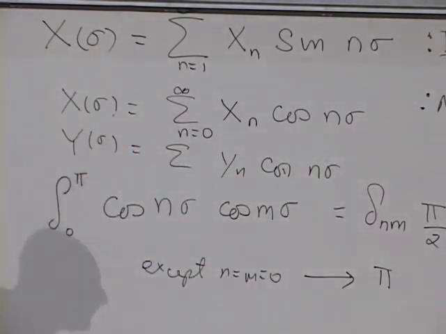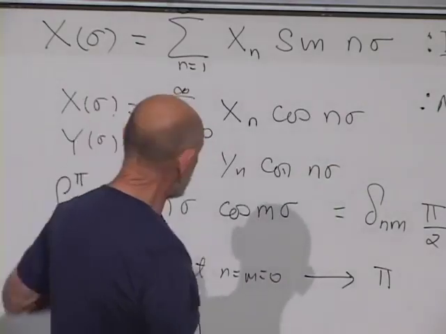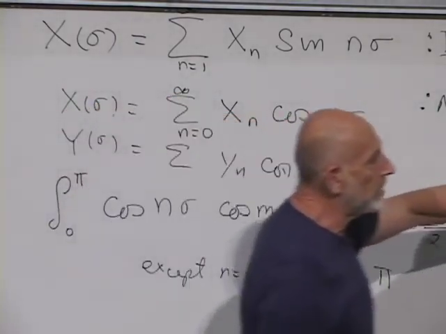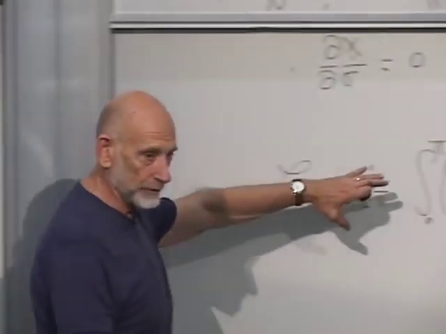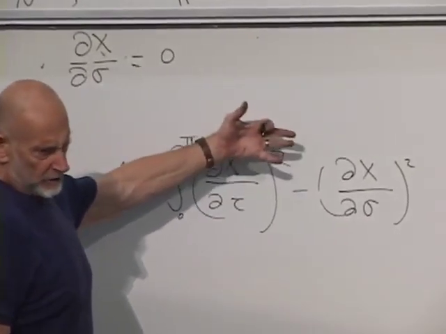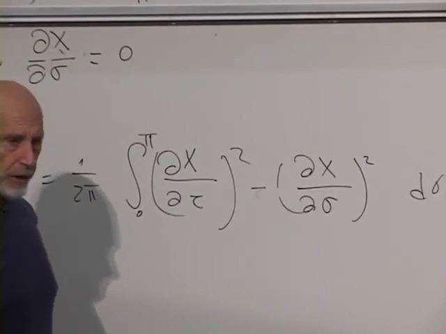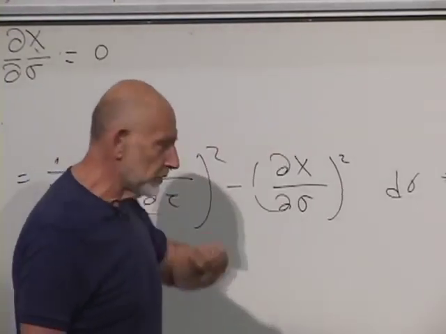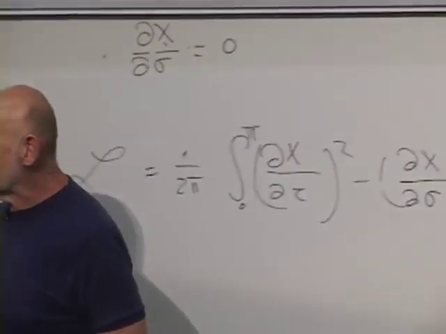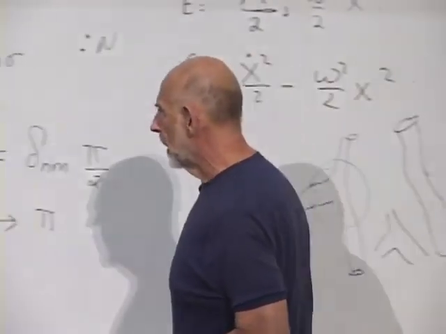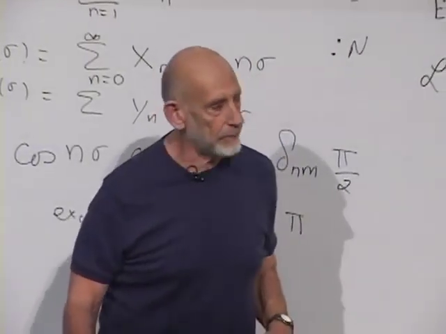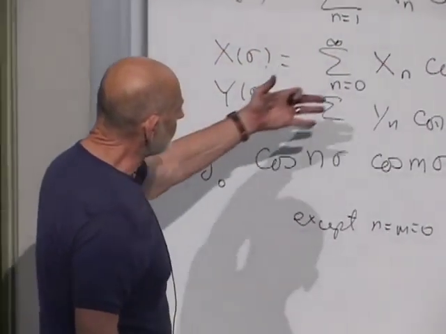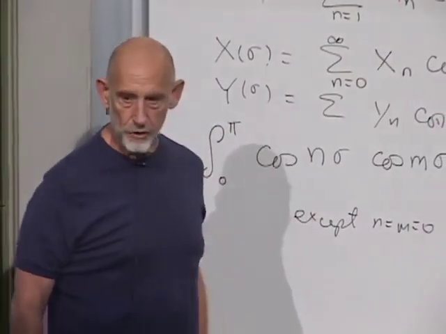And then we take these two expressions, let's concentrate on x, and we plug them into the energy or the Lagrangian, into the kinetic energy and the potential energy, and we redescribe the system in terms of the kinetic and potential energy of a set of new degrees of freedom. The new degrees of freedom are just these x_n's and y_n's.